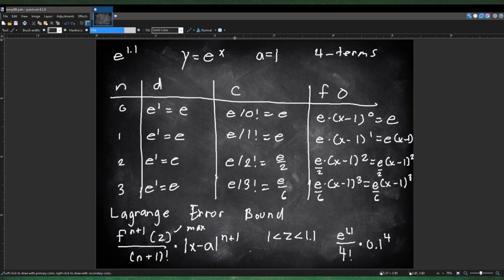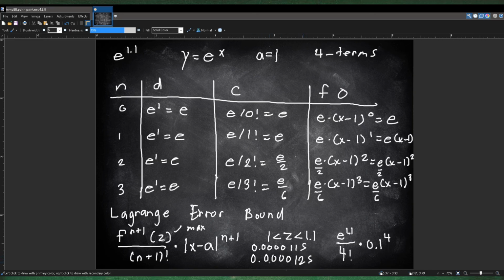So our error bound is 0.00000125, which makes sense, right? Because in our video, a few seconds before I deleted it, we know that the actual difference was 0.00000115.